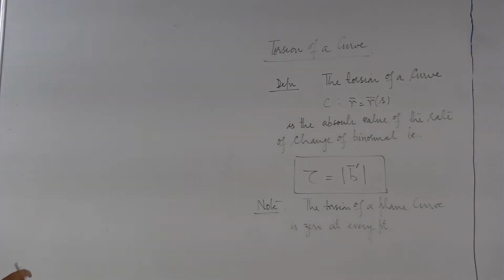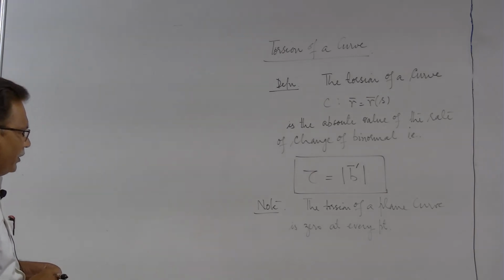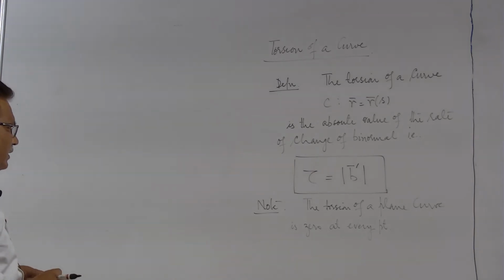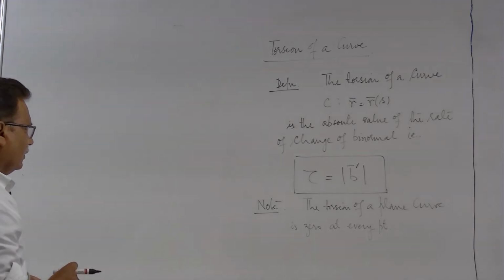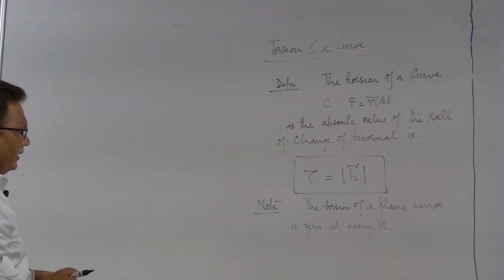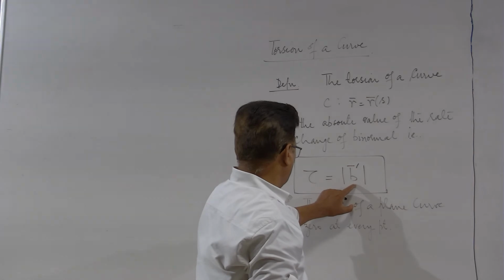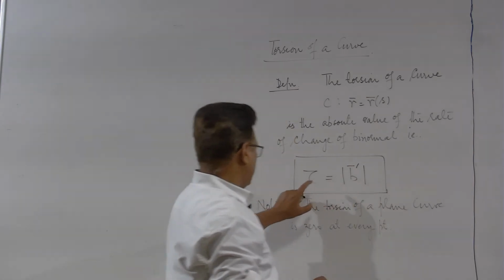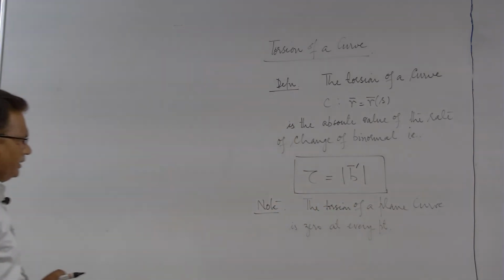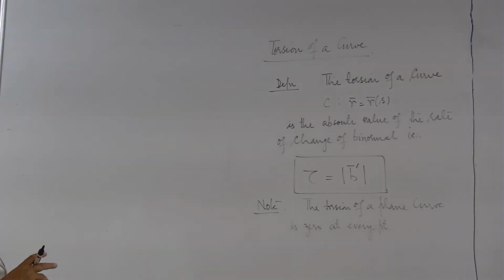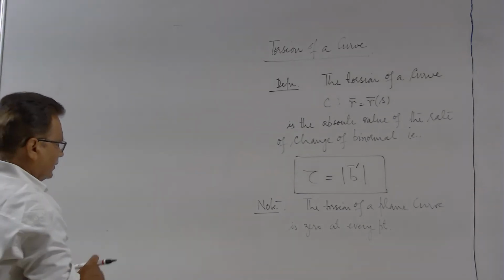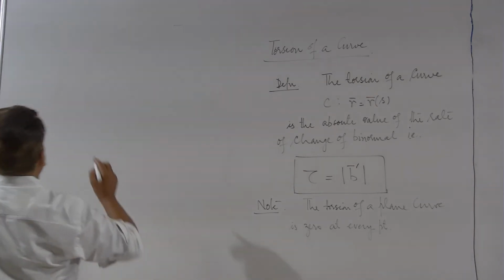All right. Now, look at the derivative b dash, because the absolute value of b dash is the torsion. Let us see what b dash is as a vector, what its direction and its magnitude are. So, look at b dash.